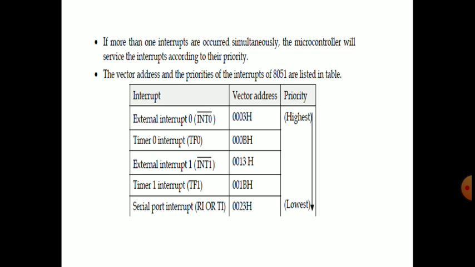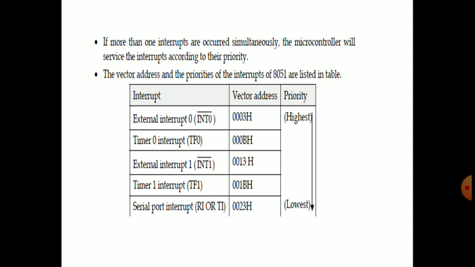And this is the table. If more than one interrupt occurs simultaneously, the microcontroller will service the interrupts according to their priority. The one with the highest priority will be served first. The vector addresses and the priorities of the interrupts of the 8051 are listed in the table.